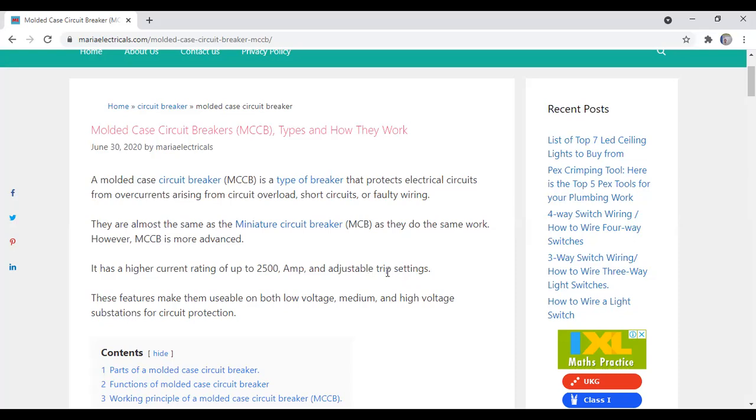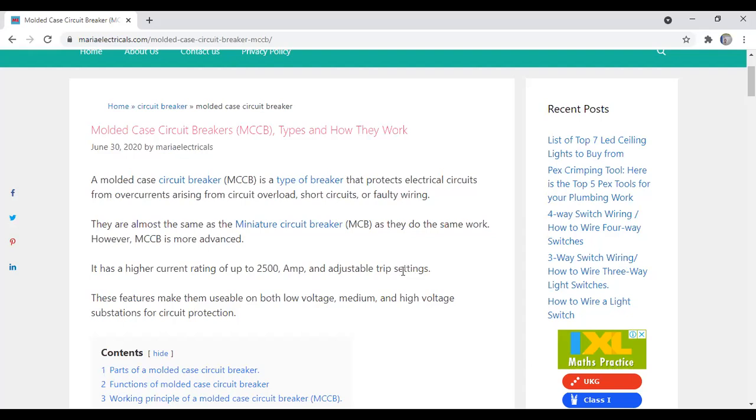Anyone? Up to 1000 ampere, MCCB will not trip. After 1000 ampere, your MCCB will trip. That is the meaning of setting.